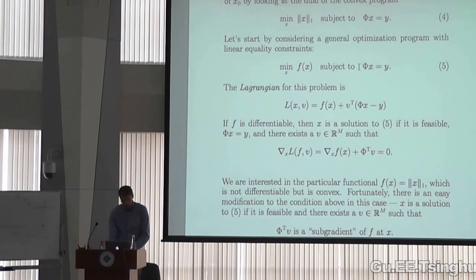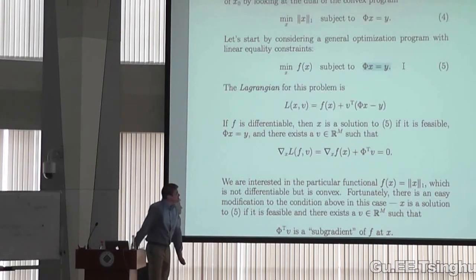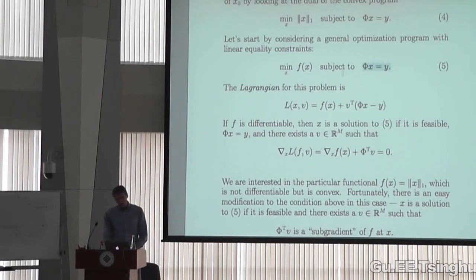In general, it's not true that where the gradient of this function is equal to 0 it has to lie in the constraint set. In fact, it's probably not. If this is a norm, even the L2 norm or any differentiable norm, the only place the gradient is equal to 0 is at x equals 0. So that's not really that interesting.